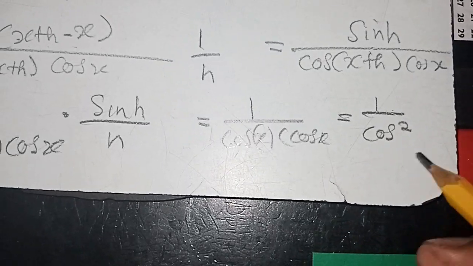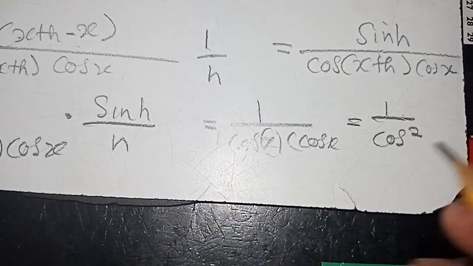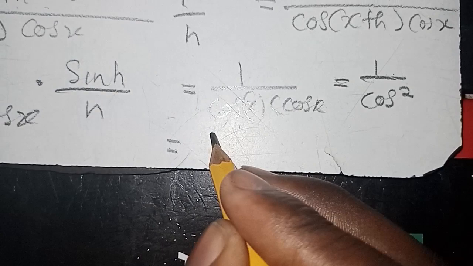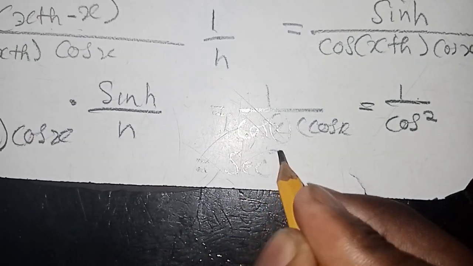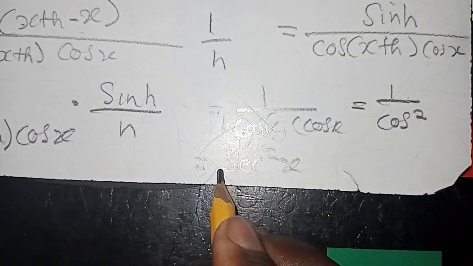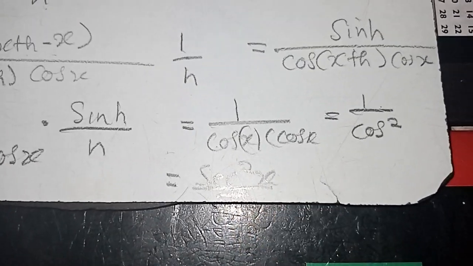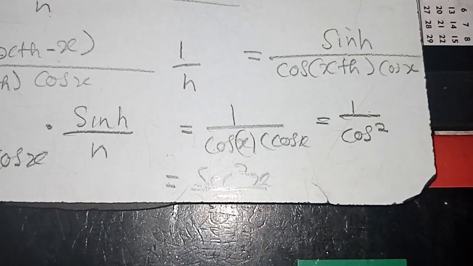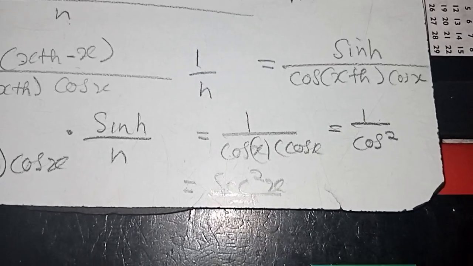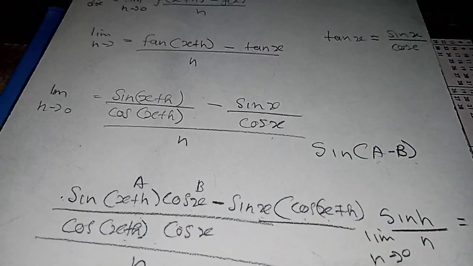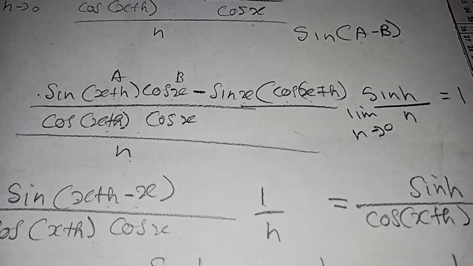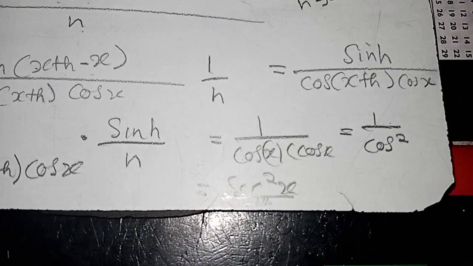What is that? It is the reciprocal trig function, which is equal to sec squared x. So we've found that the derivative of tan x is sec squared x.